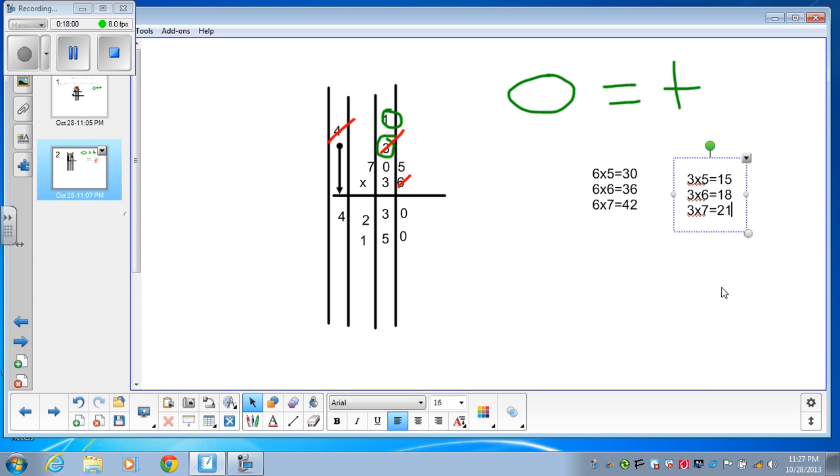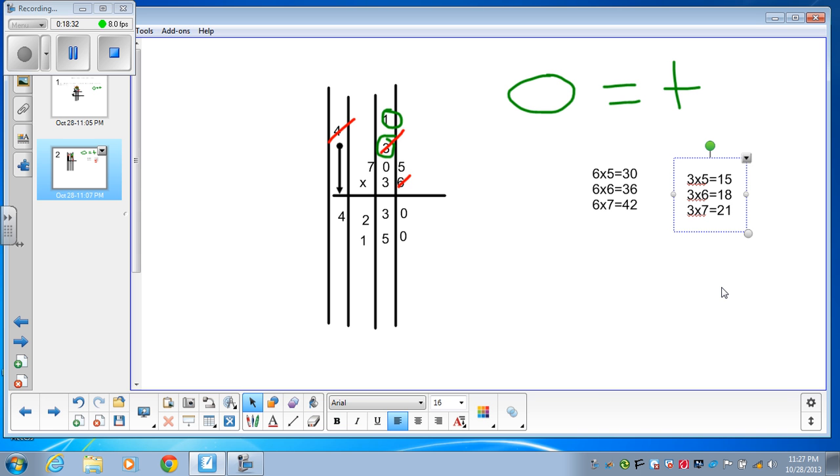Notice how I did not go 3 times 1 equals 3, 3 times 2 equals 6, 3 times 3 equals 9, because it's taken up extra time. If your number is 6 or greater, start out by writing the multiplication facts of the number by 5 and go up from there, so you can use less time.